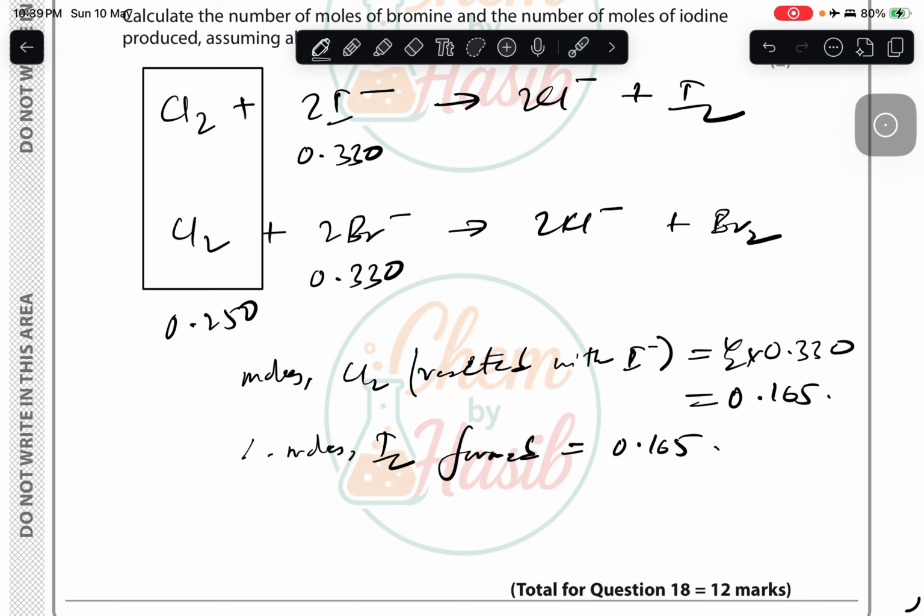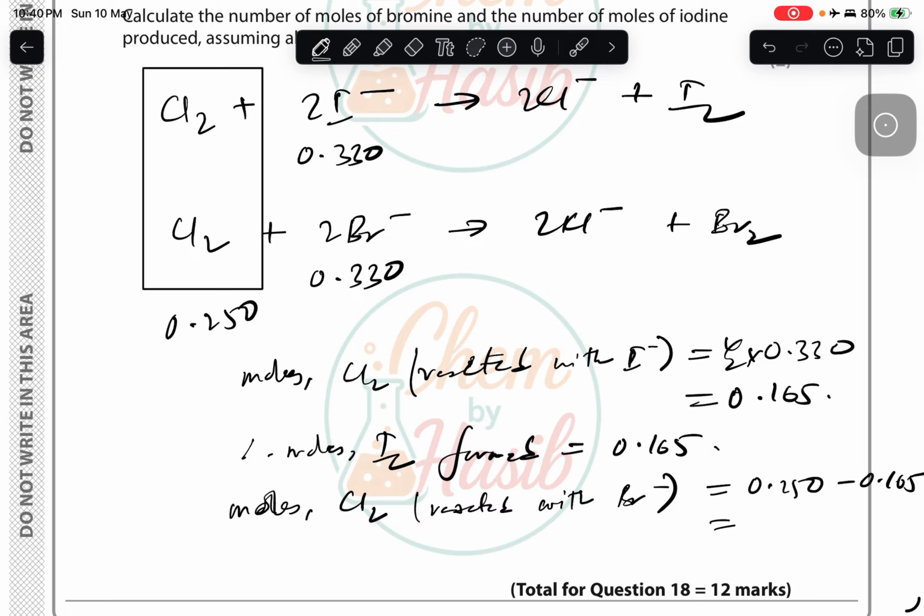So the moles of chlorine that reacted with Br minus will be equal to the initial moles of chlorine, 0.250, minus the amount reacted, 0.165.